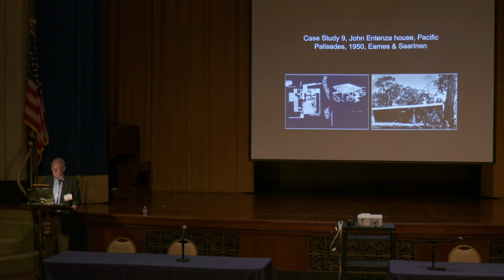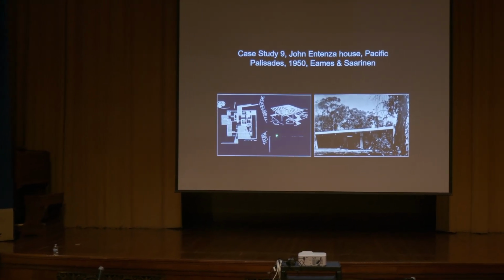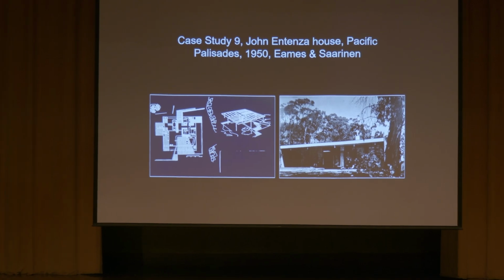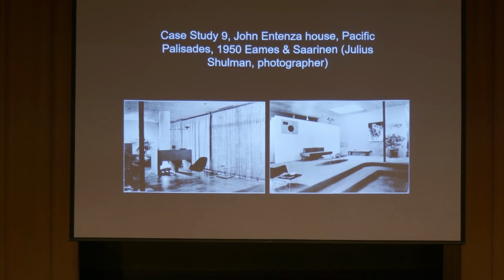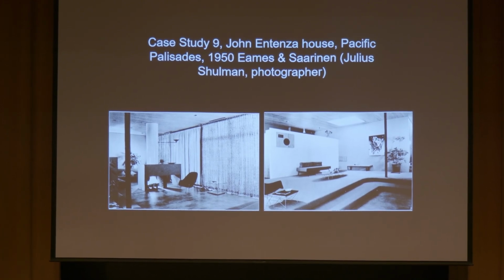Unfortunately, it has disappeared, but it's basically a single-story structure, as you can see in the plan, with the way that it is set in like this, and the way that nature invades on a whole variety of different sides. And then on the interior, this is one of the earliest of the conversation pit type of houses, as you can see there.